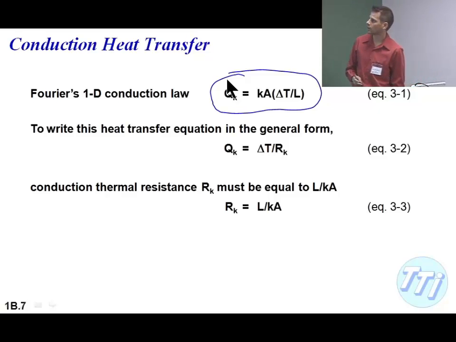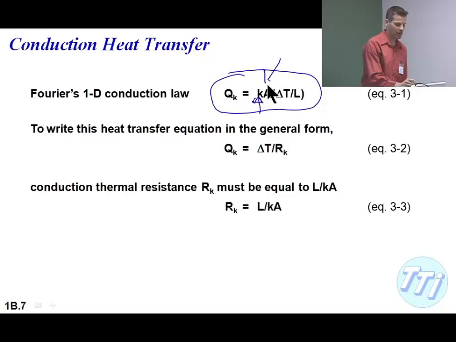And so the heat flow rate in watts, which is energy per unit time, is equal to this value K, which is thermal conductivity. It's a property of a solid substance to effectively transport heat through it.